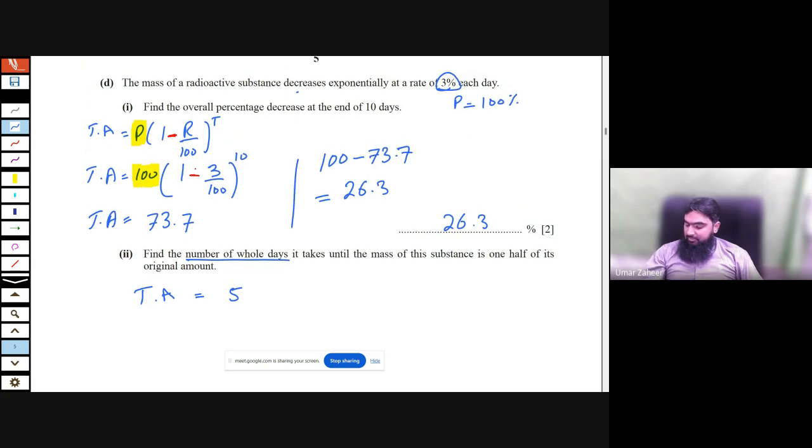No, we cannot, because this time we have to find the number of days. We have to find t. The t is unknown, and the total amount is unknown as well.